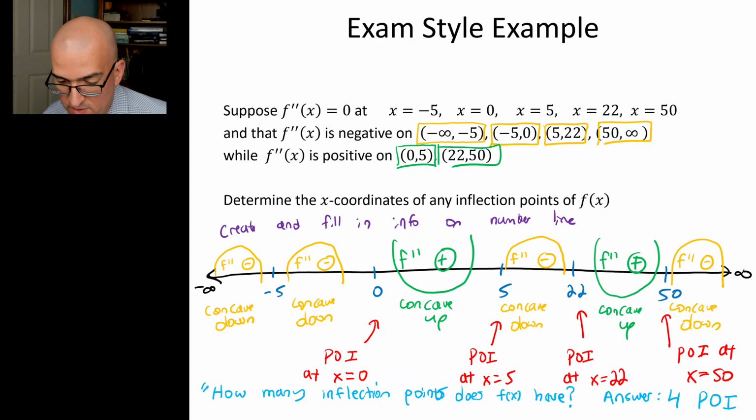There's one special x value that did not have an inflection point because its concavity was the same on both sides.